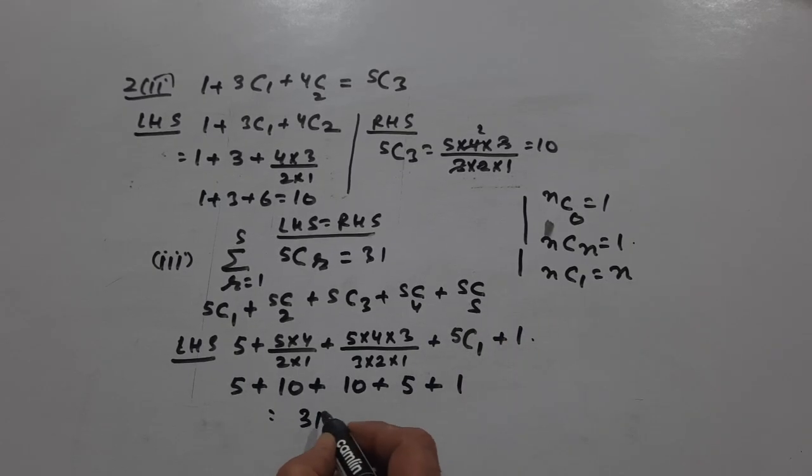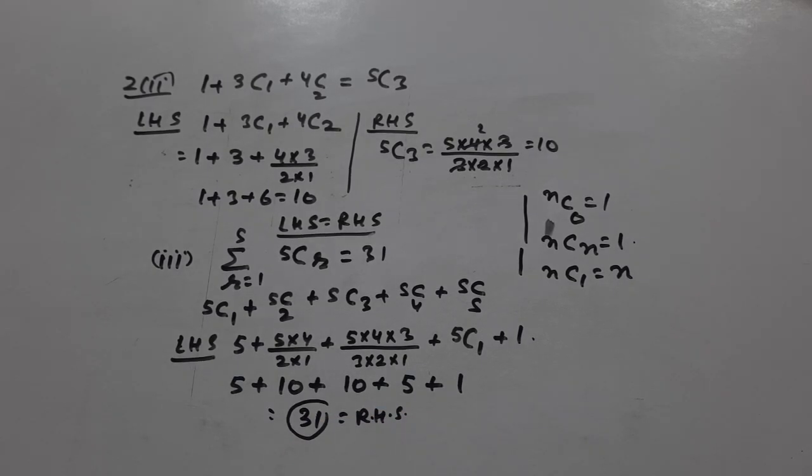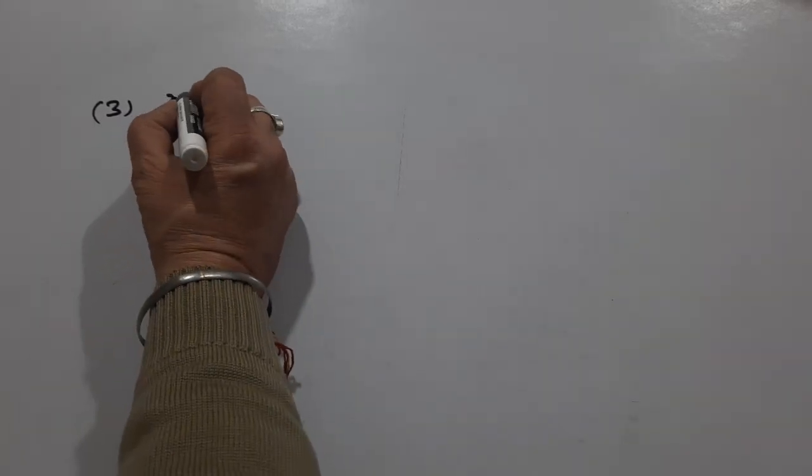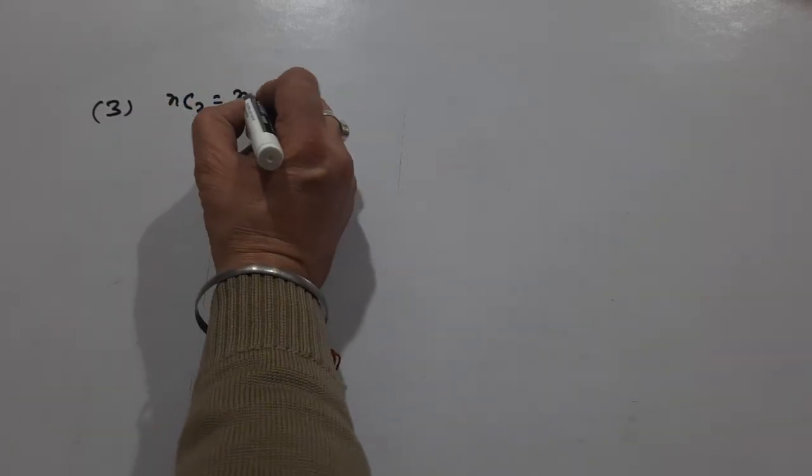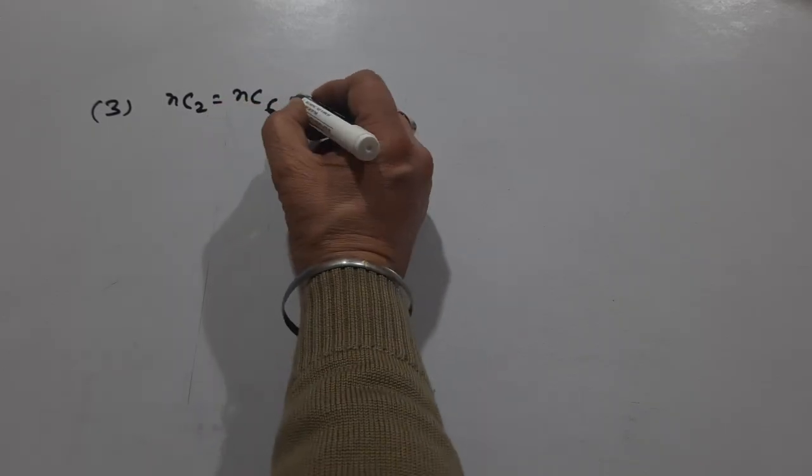So on adding them, we get 31, which is equal to the right side. Now students, let us see the third question: NC2 equals NC6. Then find n.